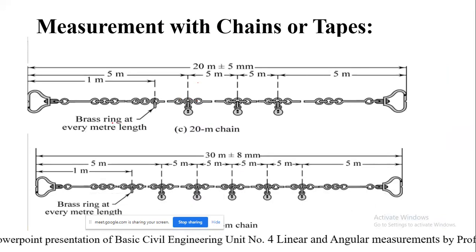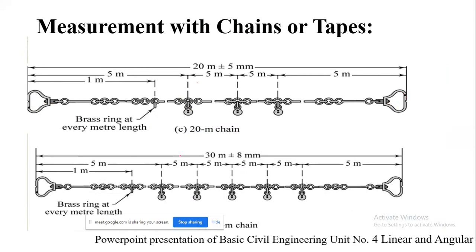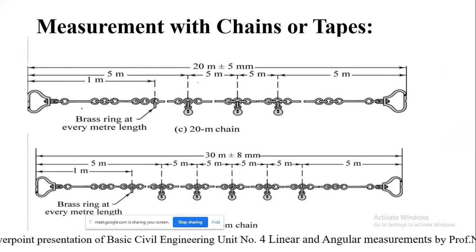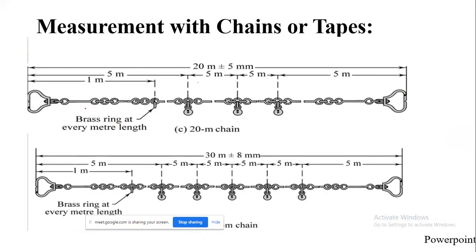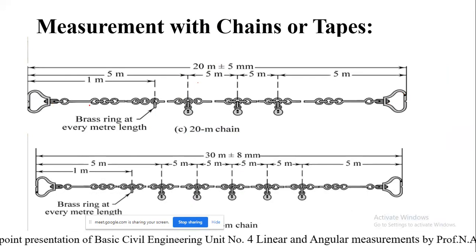So this is the metric chain, in which brass handles are provided on both sides, and certain links are provided. These links have a length of 20 centimeters from center to center.